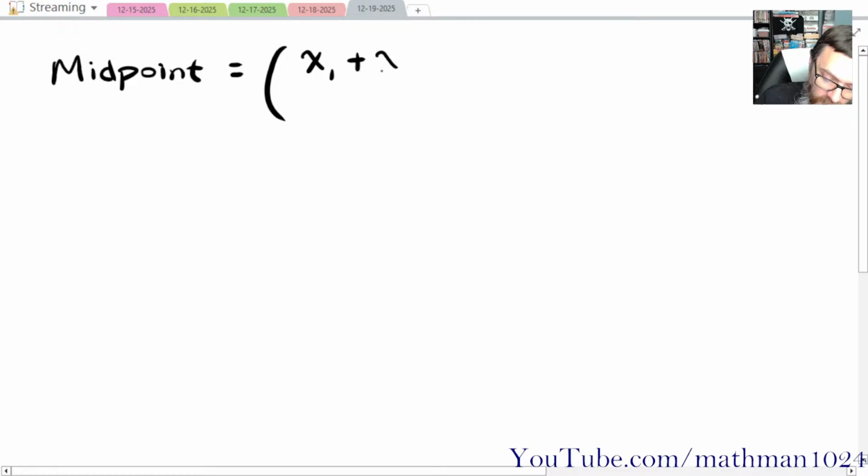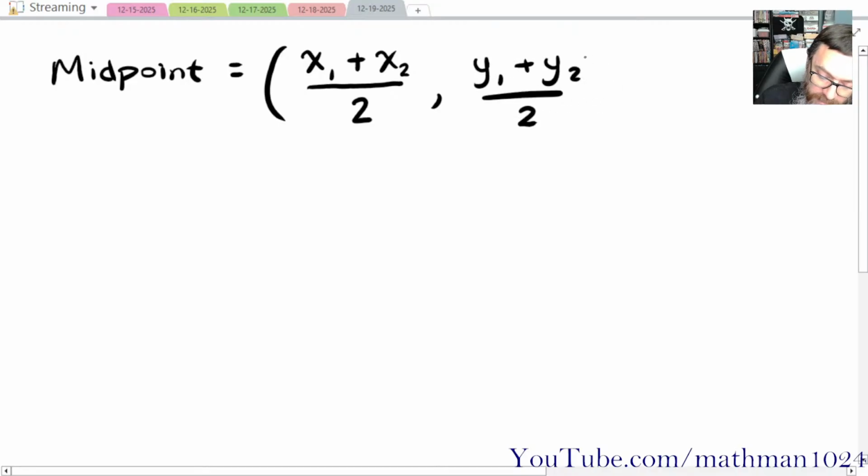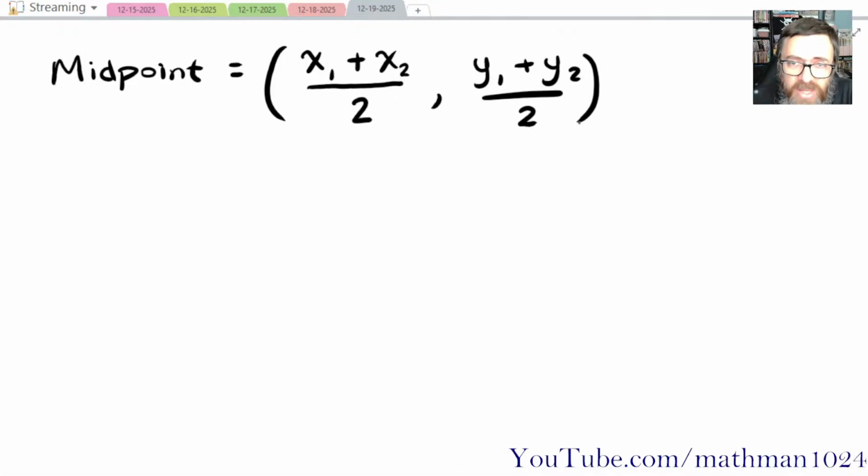You add up those x-coordinates and you divide by 2. And then you add the y-coordinates and you divide by 2. That's it. In other words, you take the average of the x and the average of the y coordinates, and that forms your ordered pair. There's nothing else for you to do with that.